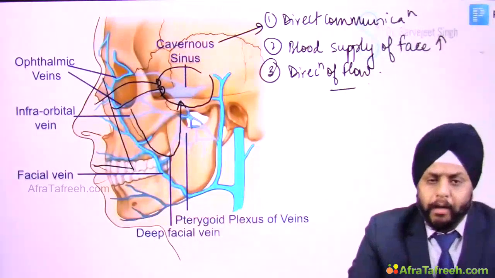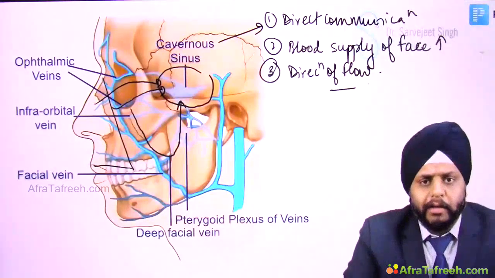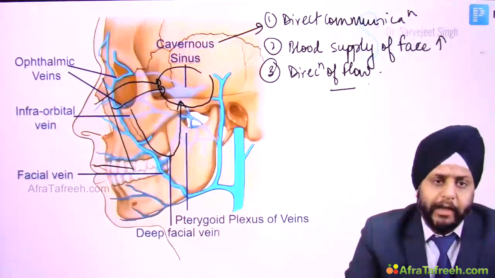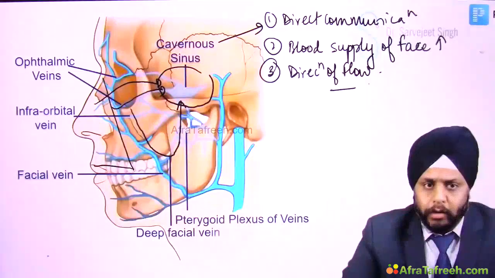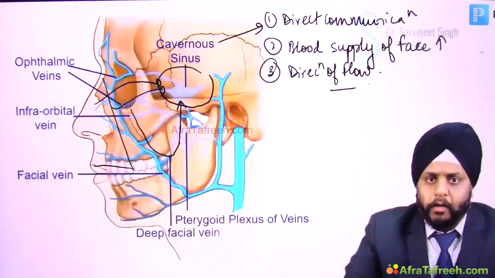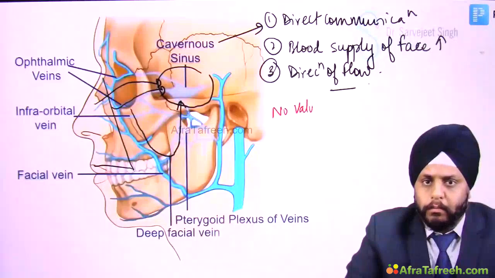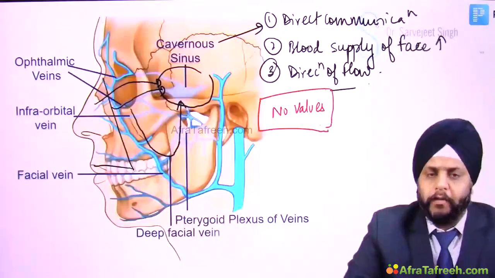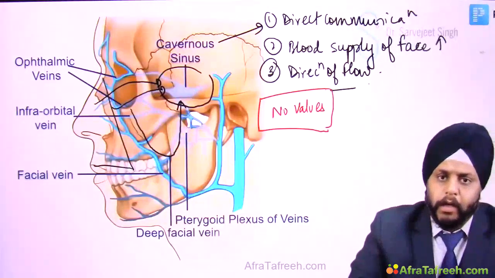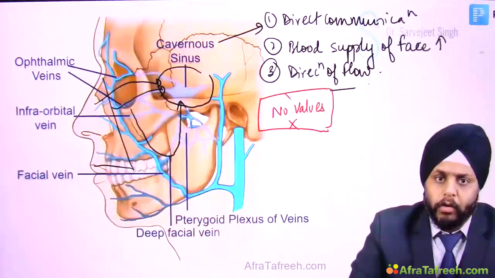Okay, remember earlier it was thought that these veins do not have any walls. So this was an earlier thought, right? That there are no walls, and therefore the infection spreads to the cavernous sinus. But this statement has been found to be wrong.